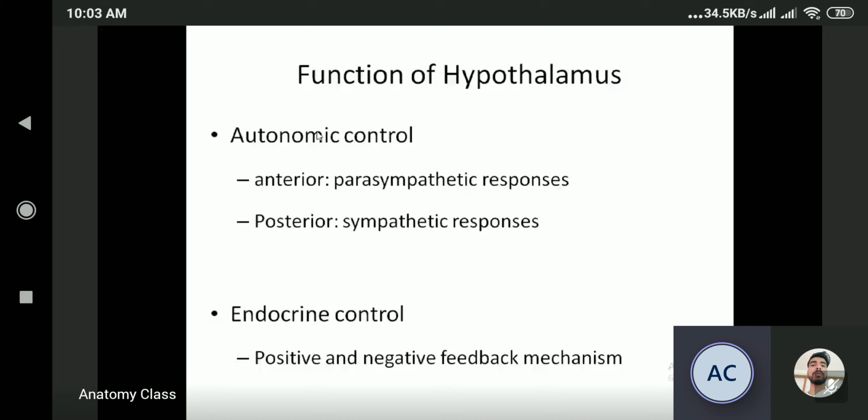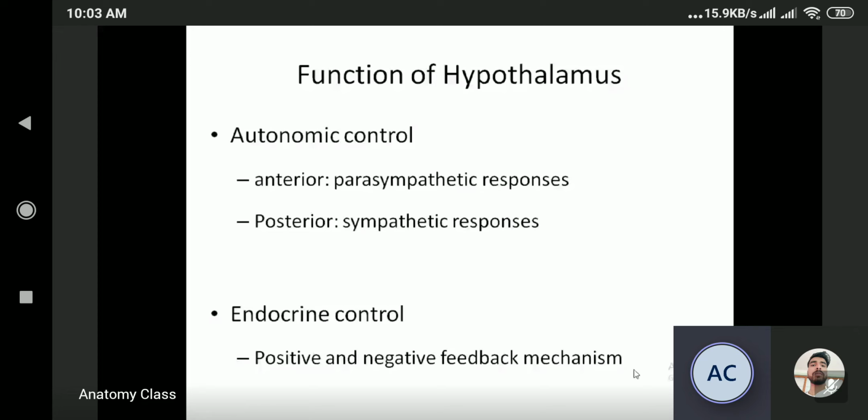The next is endocrine control, as we have seen here how hypothalamus is controlling the releasing, secretion and inhibition of these pituitary hormones. Both positive and negative feedback mechanisms occur so that it controls all other necessary endocrine glands. Temperature regulation.